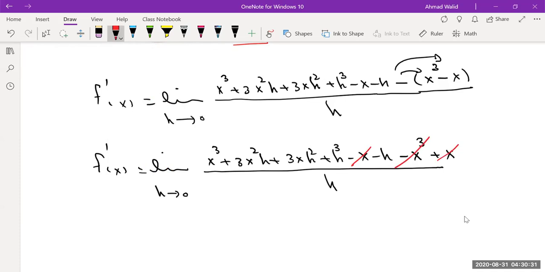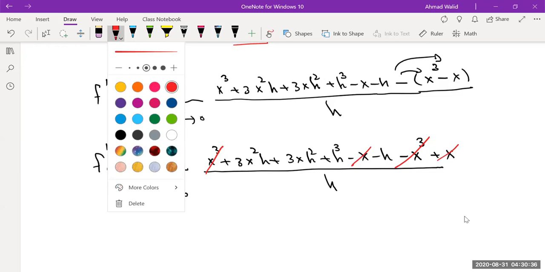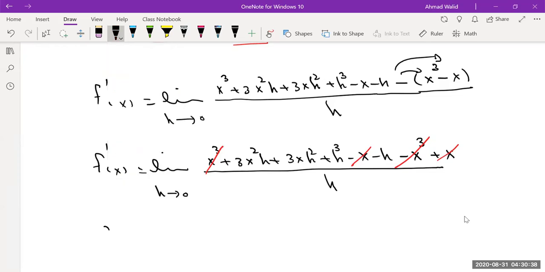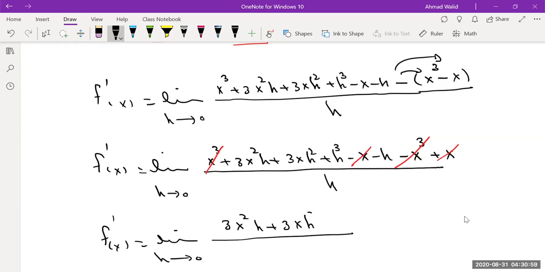Also, negative x cubed, positive x cubed, they cancel each other. Then you will end up with f prime x equals limit as h approaching 0. What is left in the top? In the top, I have 3x squared h plus 3xh squared plus h cubed over h.